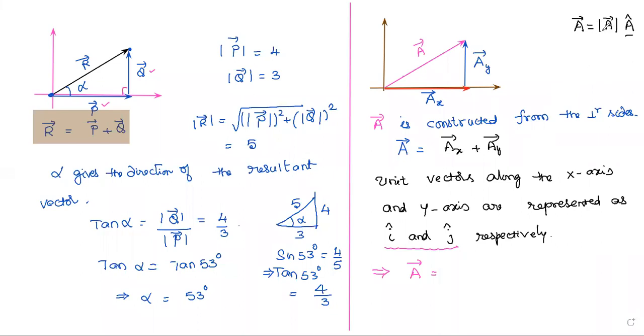The vector can be written as its magnitude, mod A x bar, into its unit vector. Its unit vector: A x bar is along the x-axis, and its unit vector I represented with I cap. So into I cap. Understood this part?